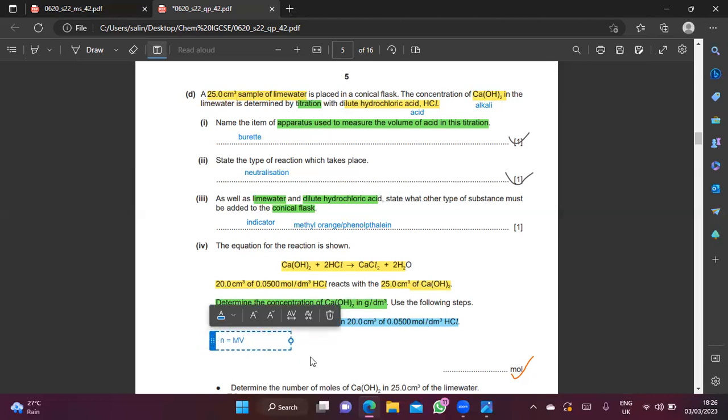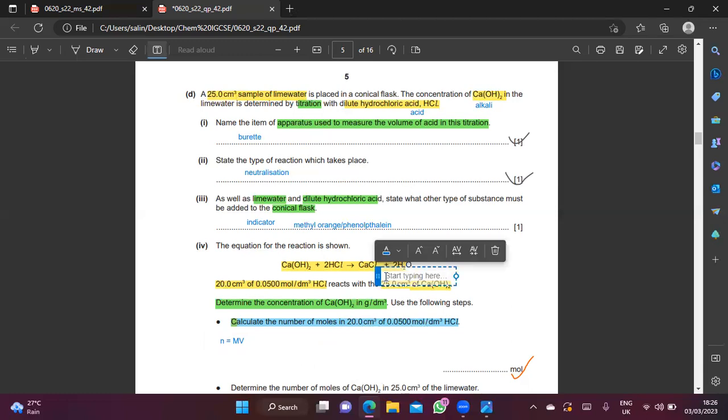Remember, in titration, we don't use N equals to mass over Ar or Mr, yeah? That's a different formula. For this calculation, we have to use N equals to MV. M is the concentration, V is the volume. Except that I like to change the volume directly. The volume that you have to use is in dm cube.